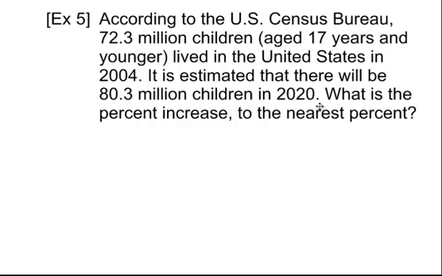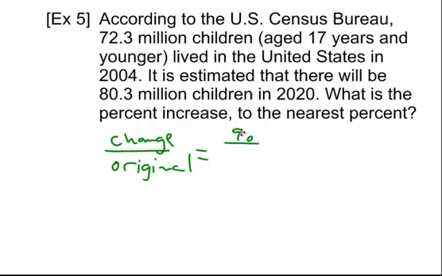So with this, we're still using change over original equals percent over 100. But we have really big numbers, right? Since they're both in the millions, you don't need to put the million. You could just put 72.3 and 80.3. So it's changing from 72.3 to 80.3, and that is our change.